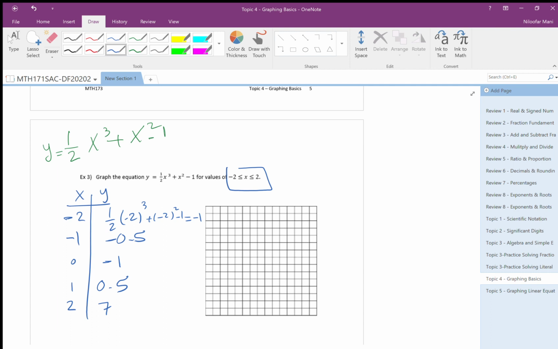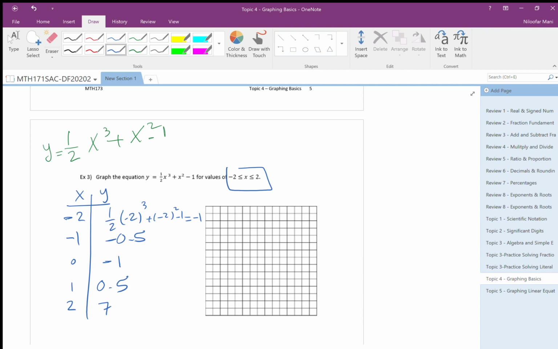Because I have -2 gives -1, -1 gives minus half, 0 gives -1, 1 gives a half, and 2 gives 7. For y values I have negative, but a big part for positive because I have up to 7.